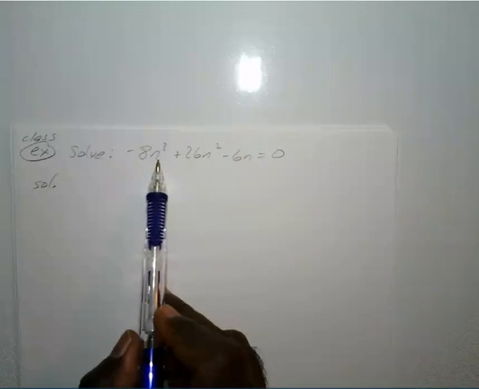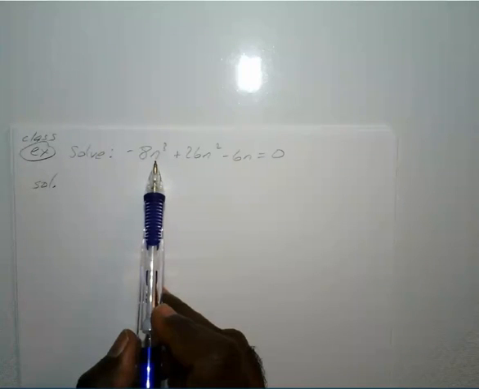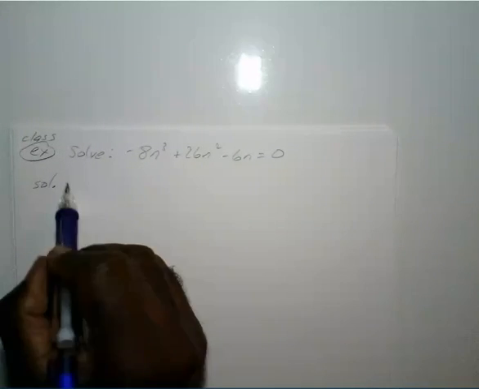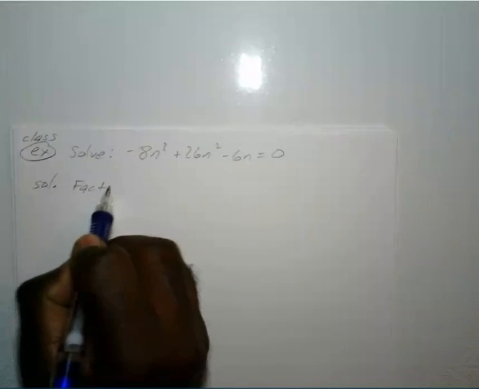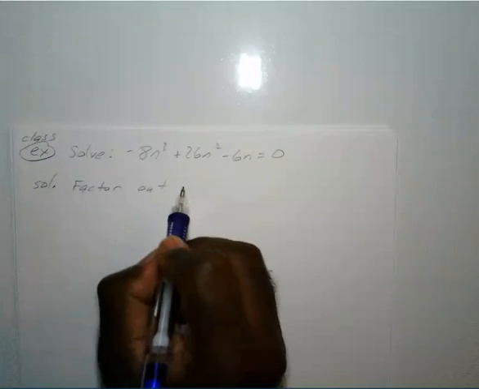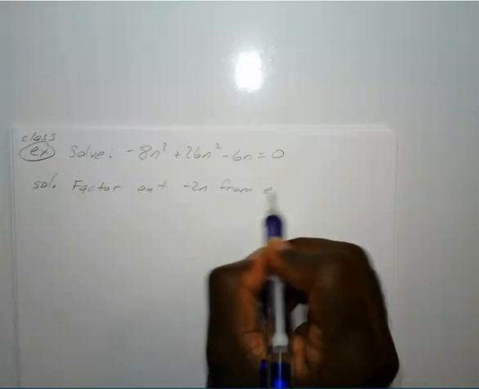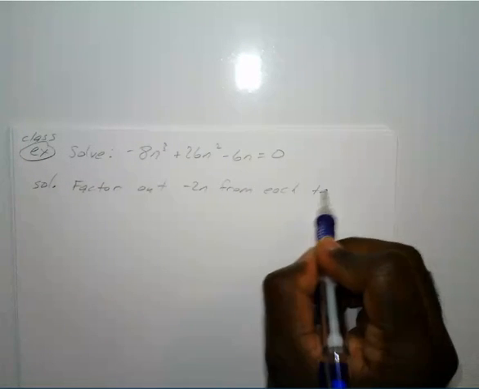Now remember, we want it in standard form for quadratic. If you look closely, you see that we can actually factor out a negative 2n from each term.